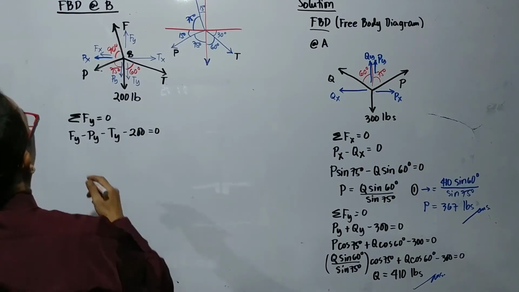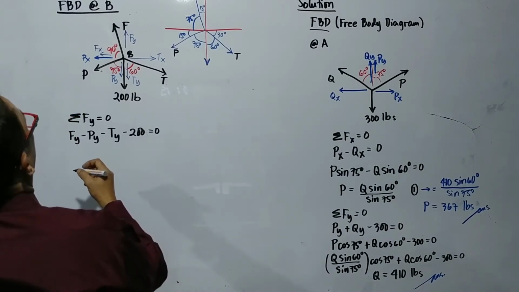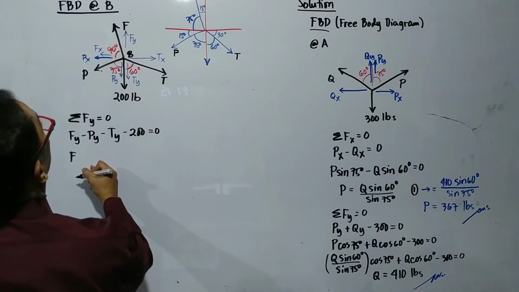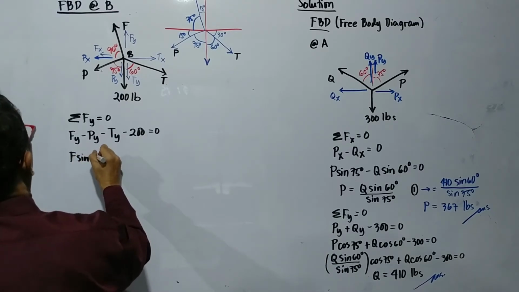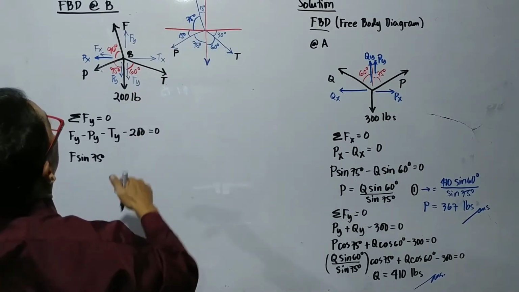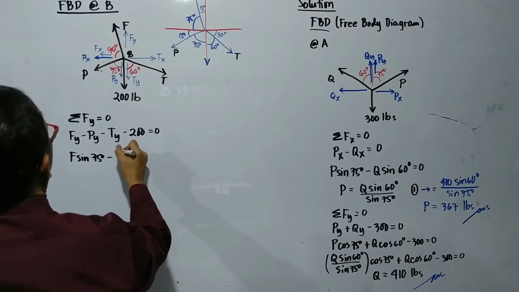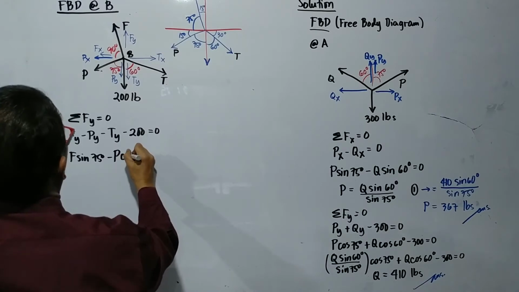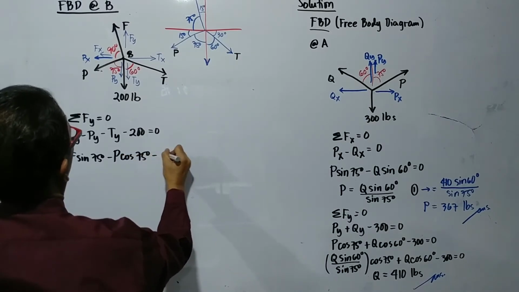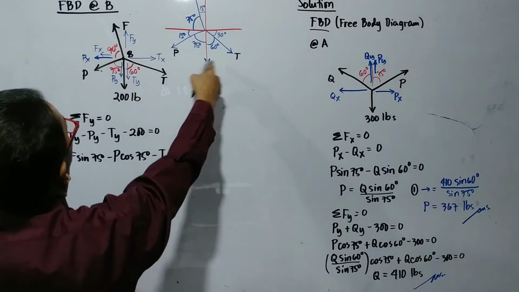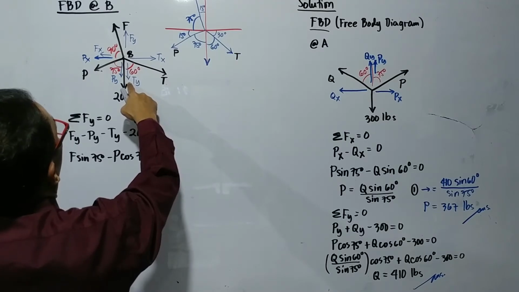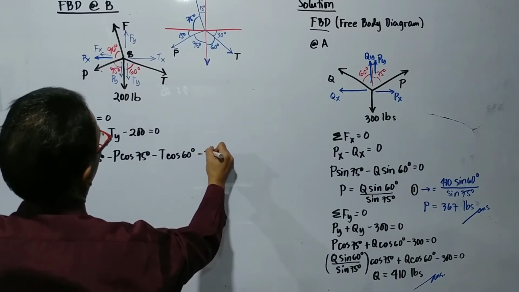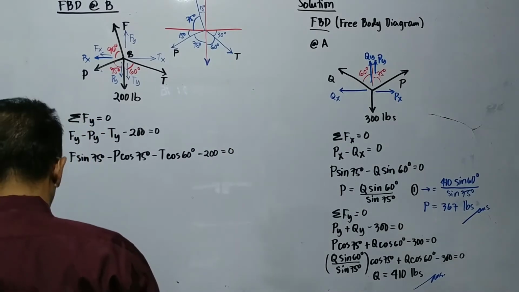So what is our Fy? Our Fy is equal to F sine 75, minus Py, which is P cosine 75, minus Ty, which is T cosine 60, minus 200 equals 0.